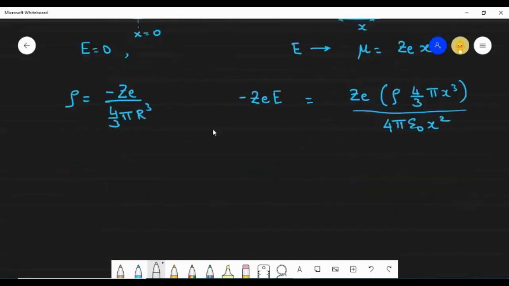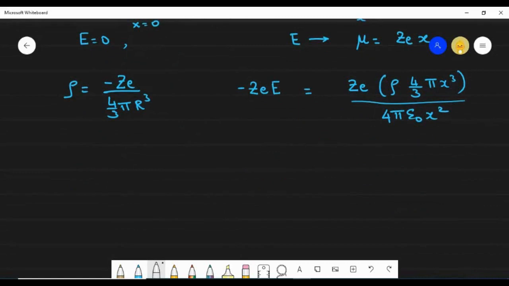So substituting the given values and on simplifying, we get electric field E equal to Zex by 4 pi epsilon naught r cube.